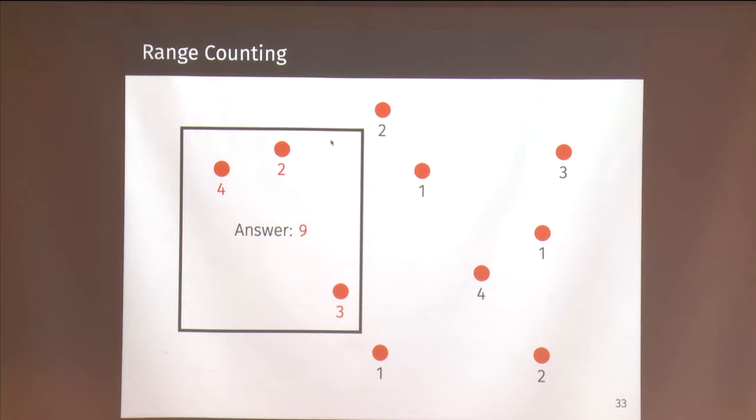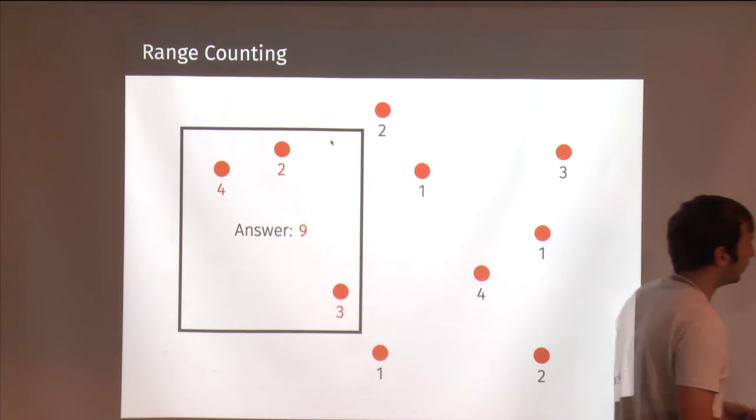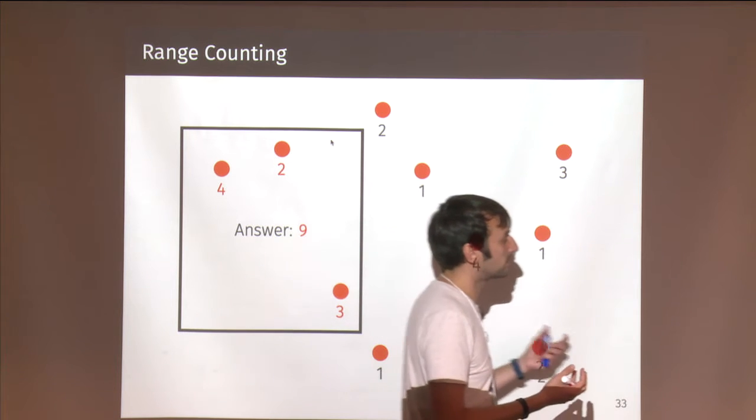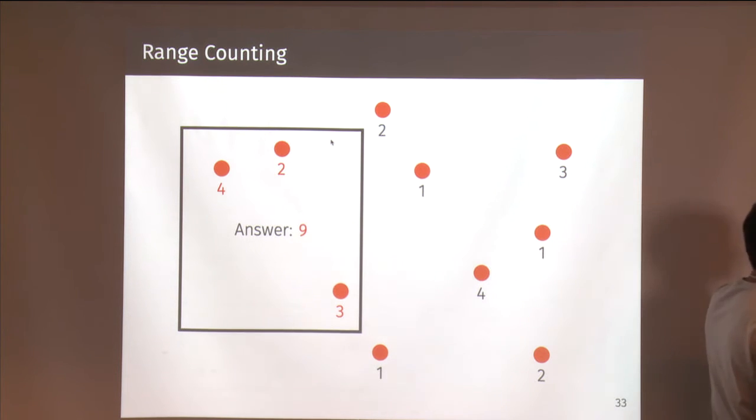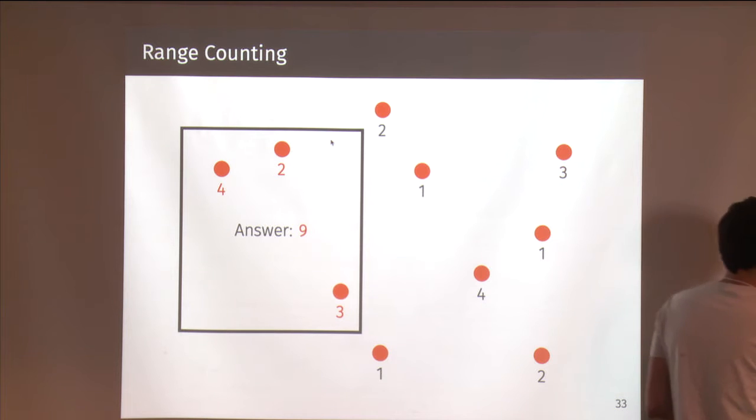Okay, so this is an incidence matrix for a given x. And then what do we want to compute in the range counting problem? For this x, for the set of weights of the points, we just want to output the product of this matrix of size m by n with the vector of weights. That is, for every range, we just want to sum up the weights of the points inside this range.